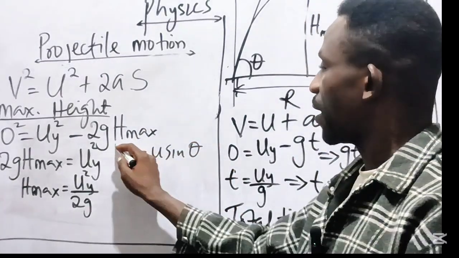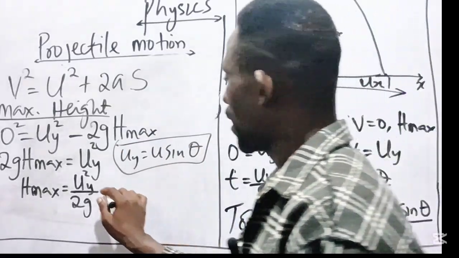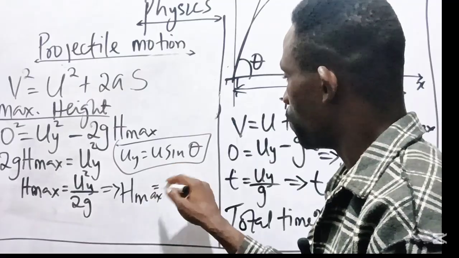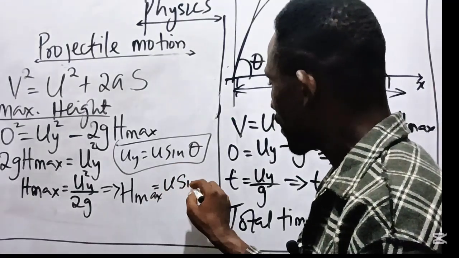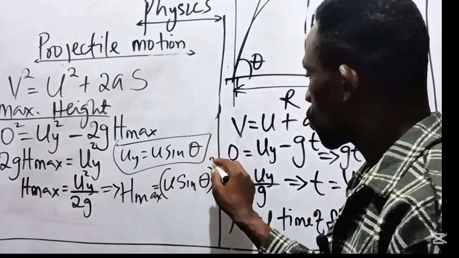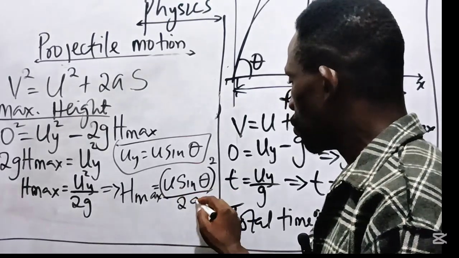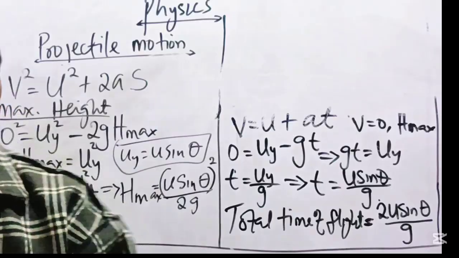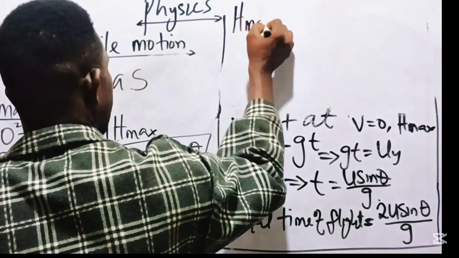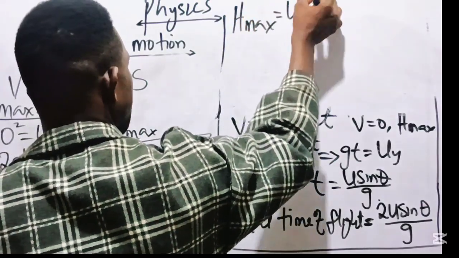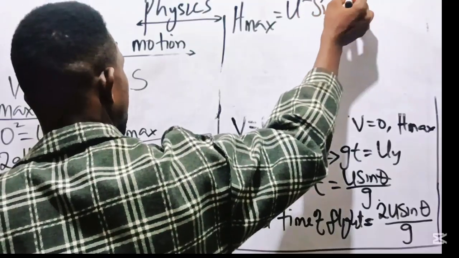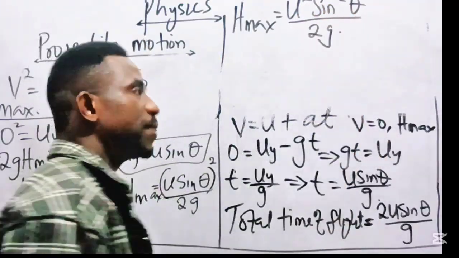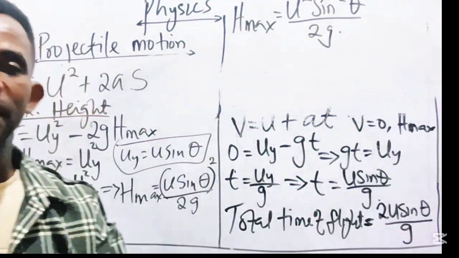Because uy is u sine theta, h max will therefore be u sine theta all squared over 2g. So h max becomes u squared sine squared theta all over 2g. This becomes the final expression for the maximum height of a projectile motion.